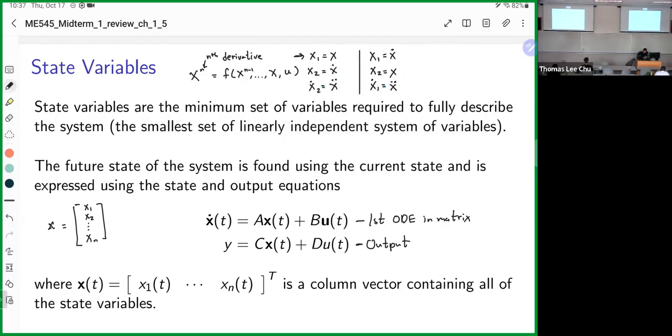You could define it however you want. The eigenvalues will remain the same. Maybe I could also define x1 as x plus x dot, and x2 as x dot minus x, something like that. As long as the state variables are linearly independent from each other, you can define them however you want.